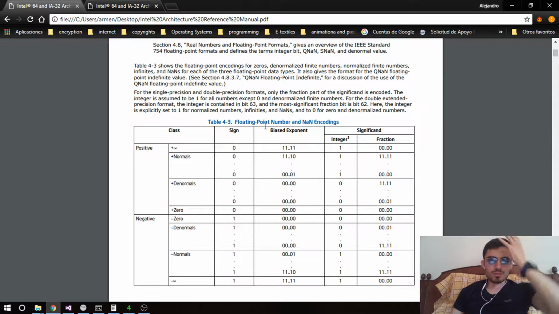It is explicitly set to 1 for normalized numbers, infinities and NaNs, and to 0 for 0 and denormalized numbers.